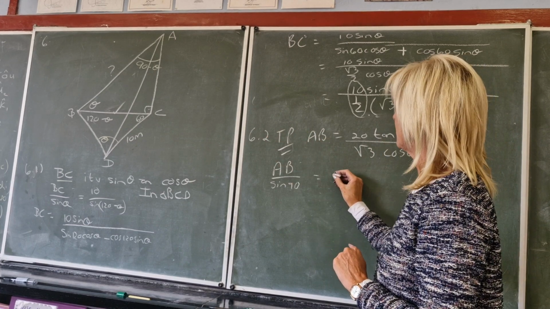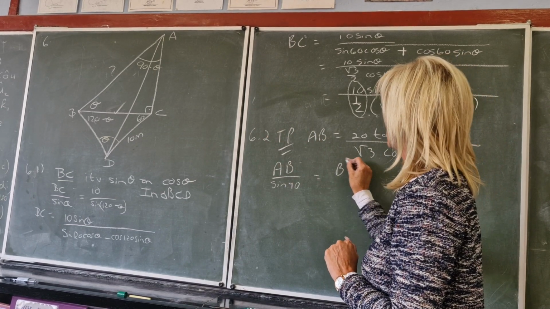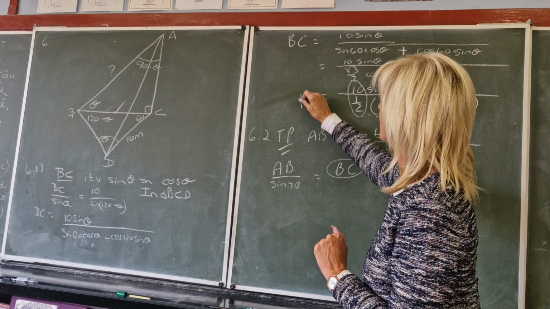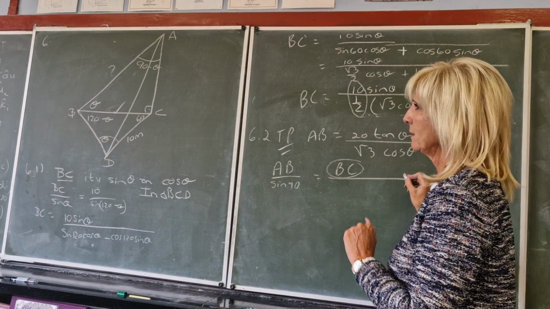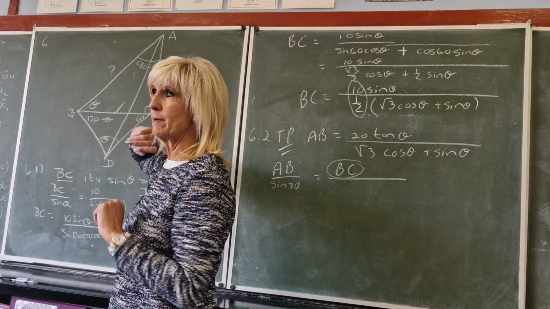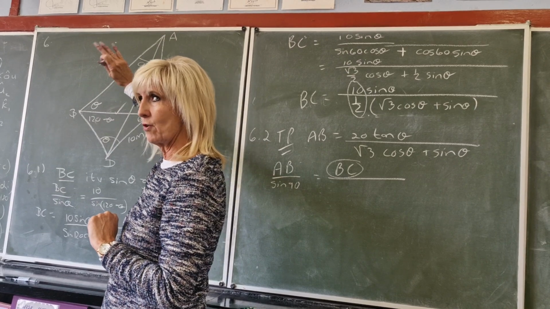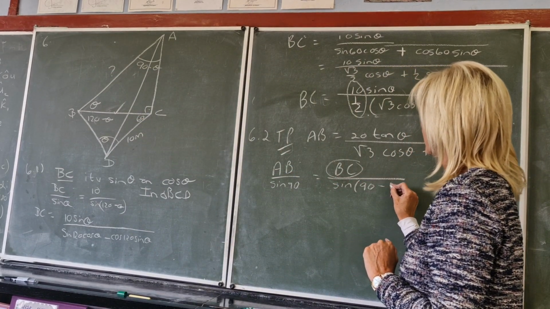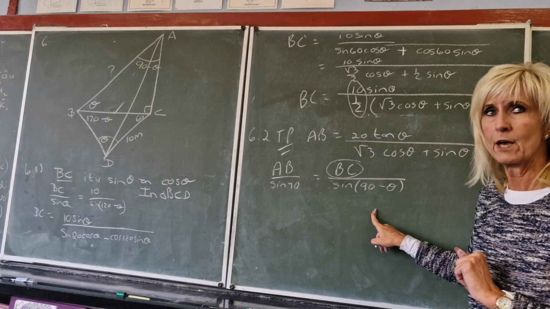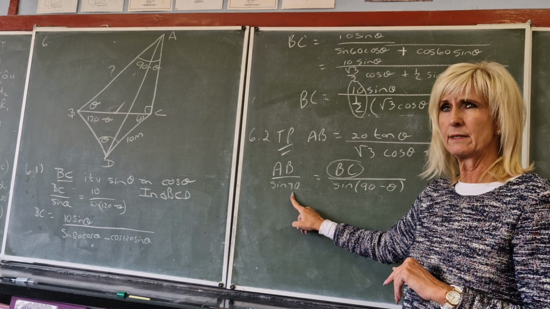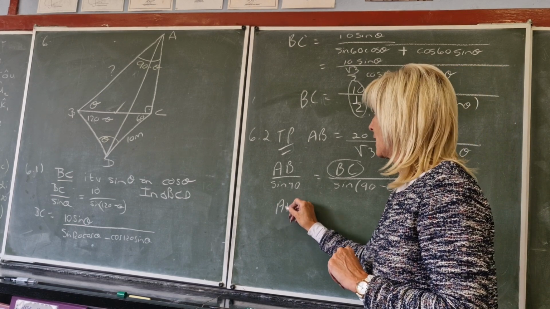I've got the BC, and I'm going to substitute that BC just now with this thing, the BC. Okay, over, and BC's partner is the 90 minus theta in that triangle there. So 90 minus is a co-function. 90, so sin 90 is 1. So it's going to be AB over 1.